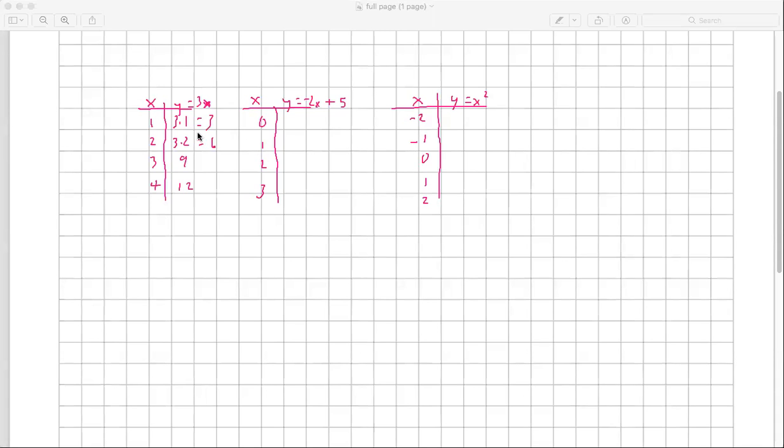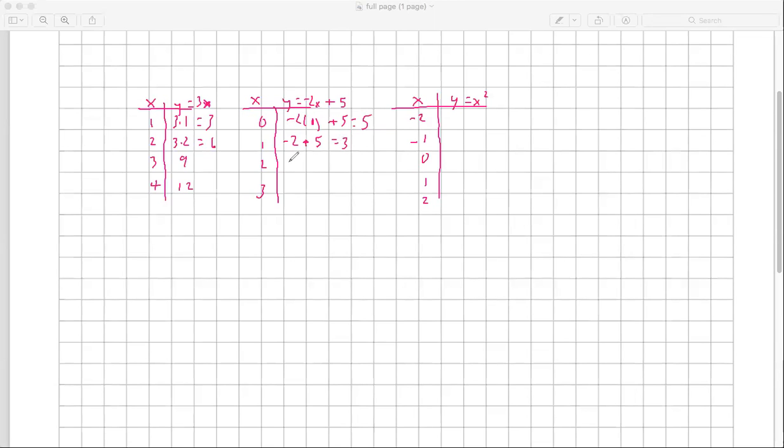So this first one, we're taking 3 times whatever x is. So 3 times 1 is 3, 3 times 2 is 6, 3 times 3 is 9 and 12. The next one, I'm going to plug my 0 in. So I'll have -2 times 0 plus 5, which will be 5. Take my 1 in, -2 times 1, which would be -2 plus 5, will be 3.